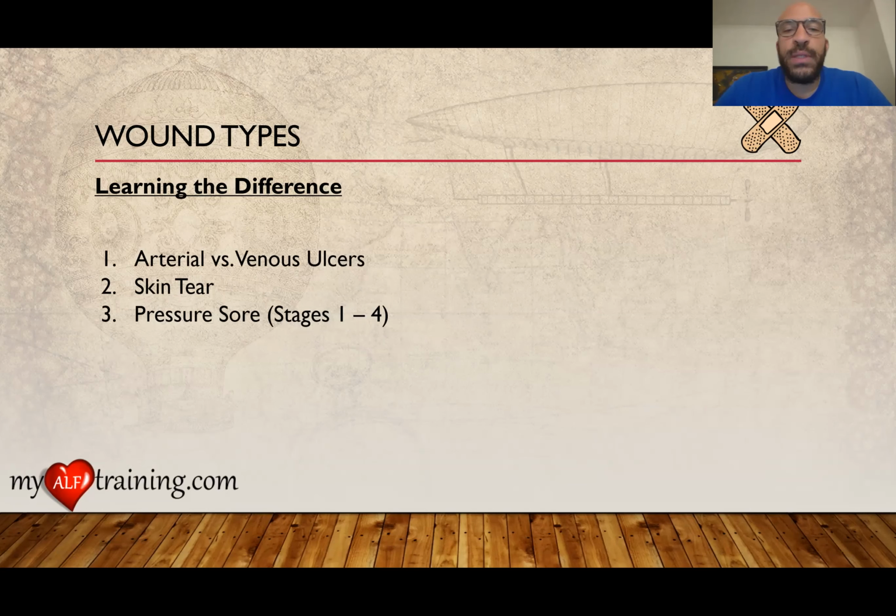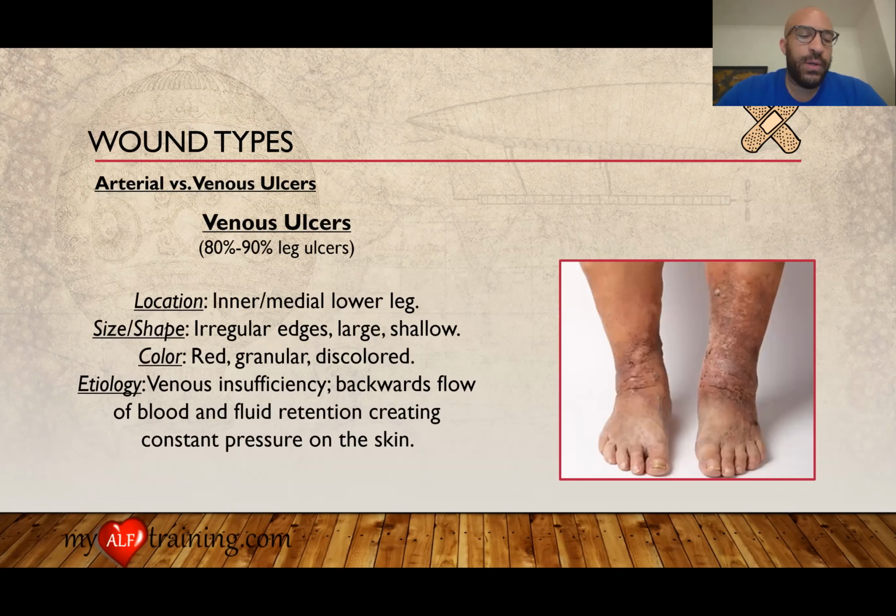Three specific types we're going to talk about today: arterial versus venous ulcers, skin tears, and pressure sores, stages 1 through 4. So, venous ulcers, as you see, I have this picture here. Very common. I've seen these multiple times throughout my practice as a nurse, and I'm sure you may have encountered them a few times as well.